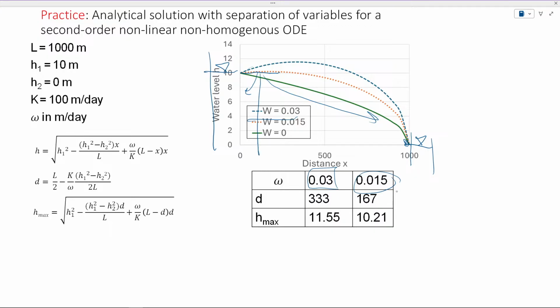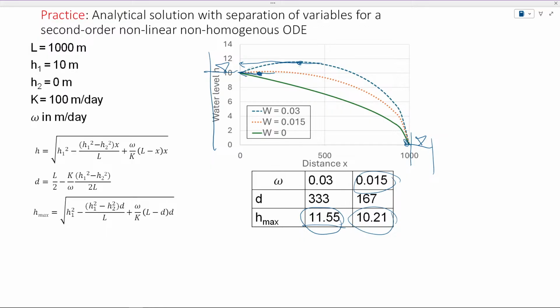And you see here, your maximum head for the high recharge would be about 11.55 at this point. For the smaller recharge, your maximum head will be here at this point, and that would be about 10.21.